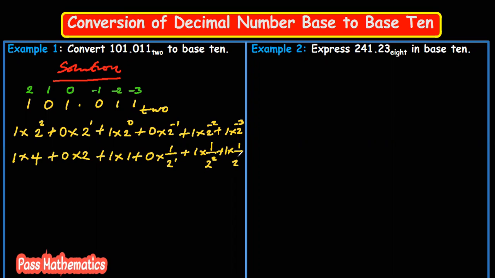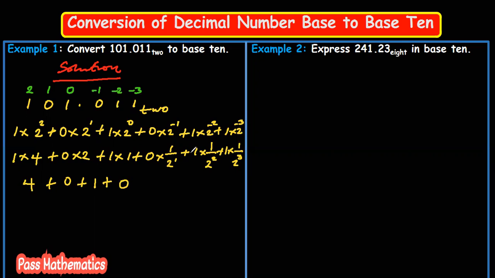So let's write this clearly. Here we have 1 times 4 is 4, plus 0 times 2 is 0, plus 1 times 1 is 1. So this is the whole part. Then plus 0 times this is 0, of course.